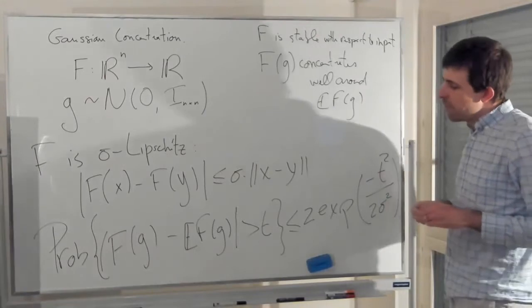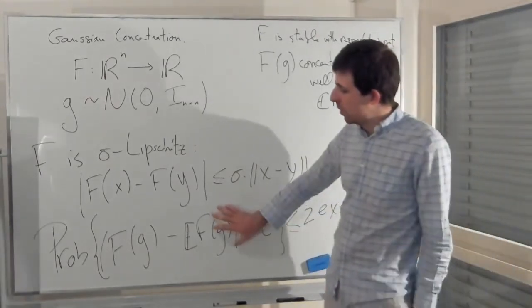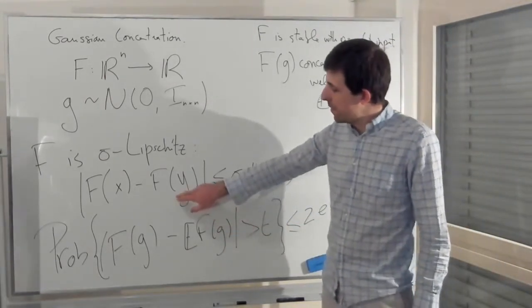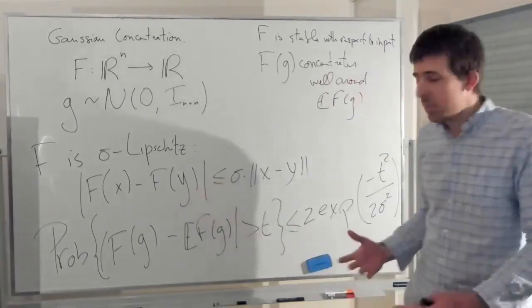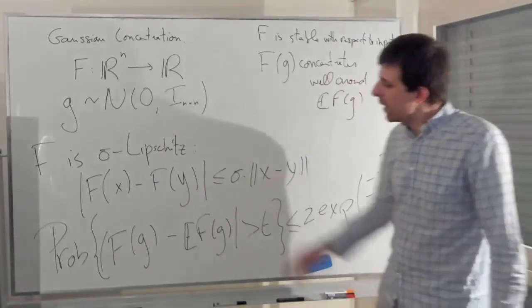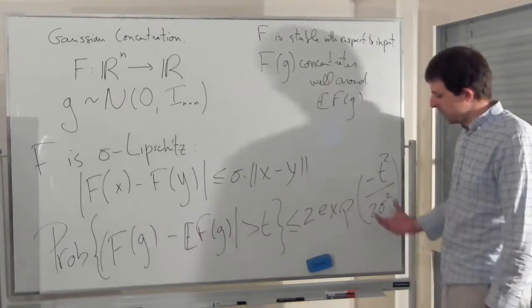So it says that if the dependency that f has on its parameters is very stable in this sense, then it needs to be close to the mean in a very specific way.